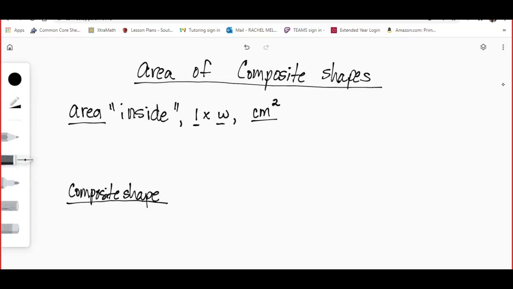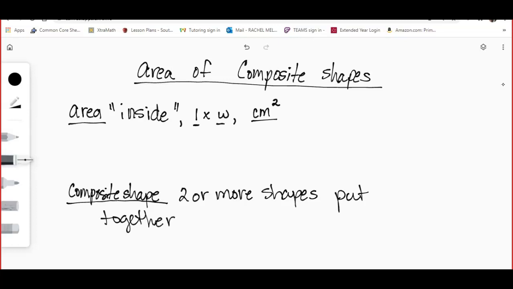Okay, a composite shape is 2 or more shapes put together. Okay, so if I have a shape like this, I have a rectangle, and then I decide to put another rectangle on top of it like this, that is considered a composite shape.